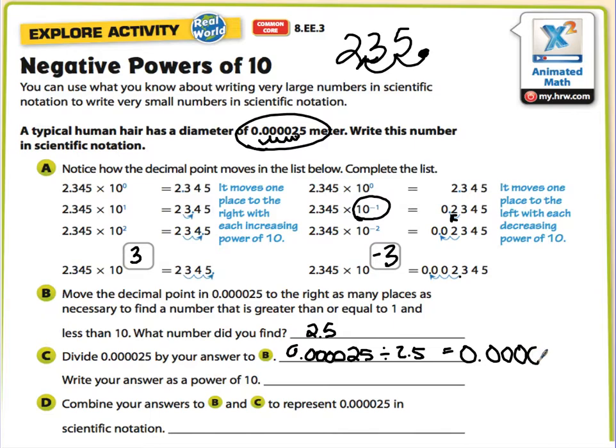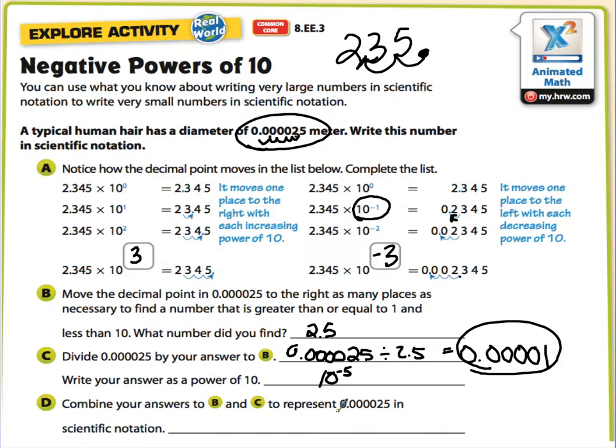So then what that means is if I'm going to write this as a power of 10, I have to move the decimal 1, 2, 3, 4, 5 places. It can't be 10 to the 5th because it's so small. It has to be 10 to the negative 5th power.